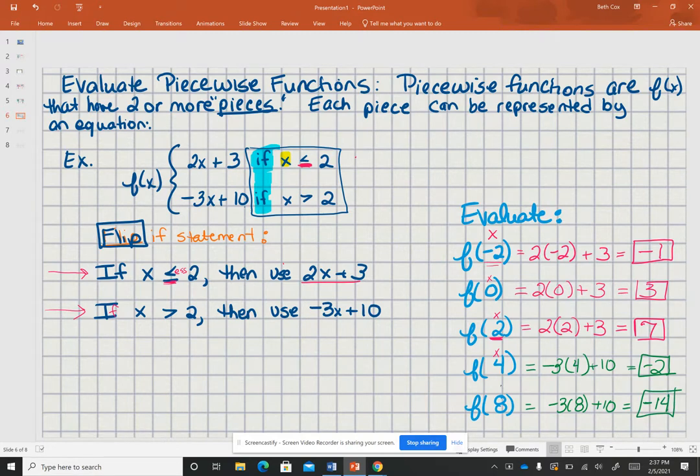Okay, so that's what a piecewise function means. You got pieces, and you evaluate based on your criteria for your x. And because it's written second, so many students get confused. And here's the other thing.